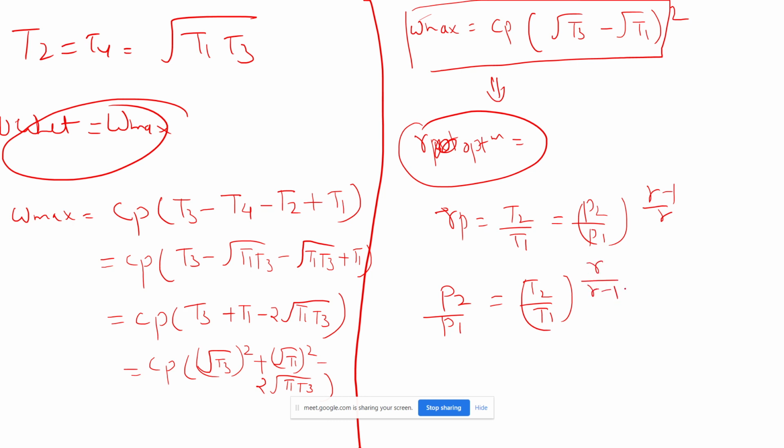Can we write it like this? We have just changed the indexes. Now, from above, we have got T2 is equals to under root of T1 into T3, so this we will put here.